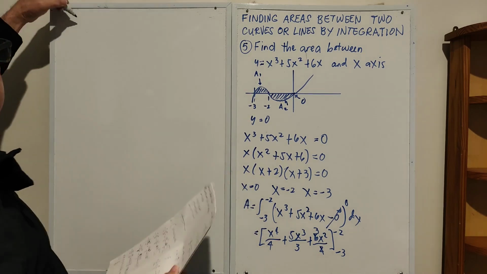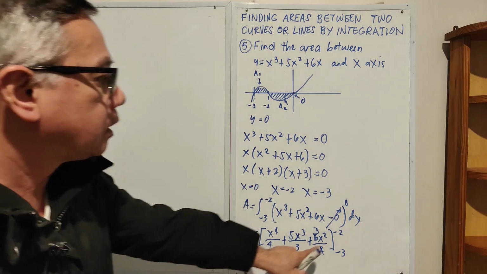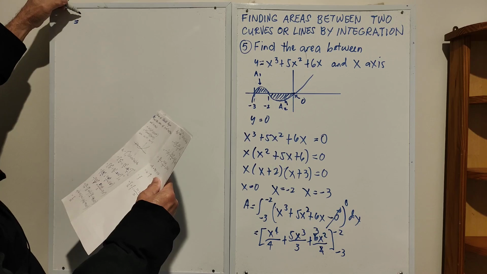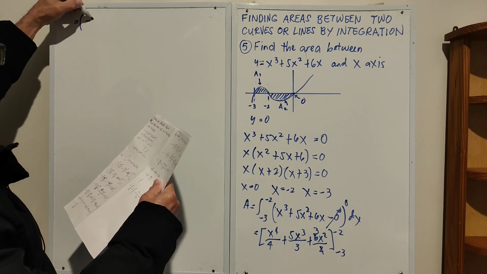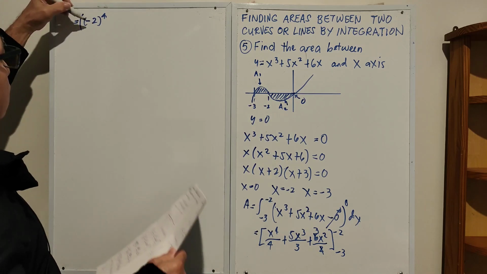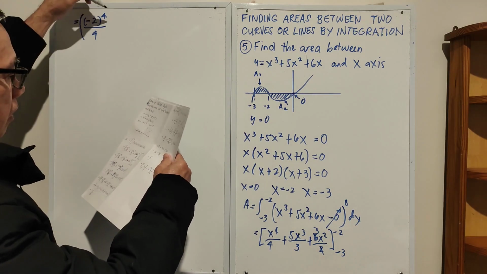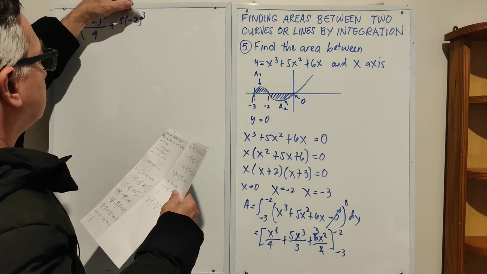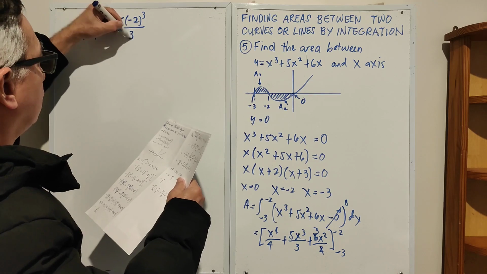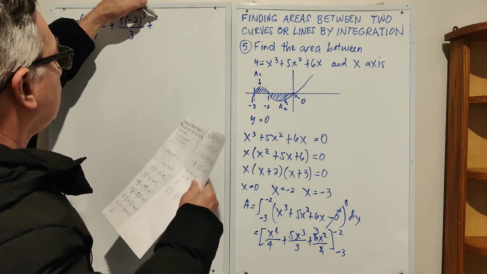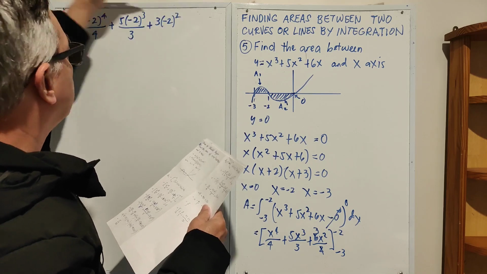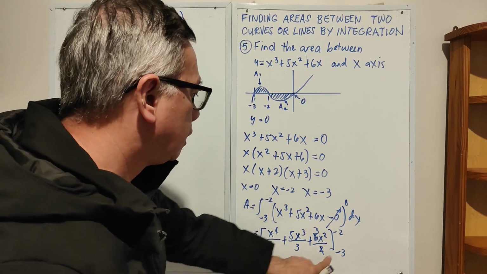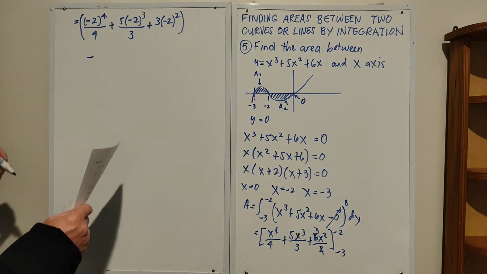So we'll continue here. Substituting negative 2 to all of the x's, we will have negative 2 raised to the 4th over 4 plus 5 times negative 2 raised to the 3rd power over 3 plus 3 times negative 2 squared, subtracted by negative 3 substituted into all of the x's.